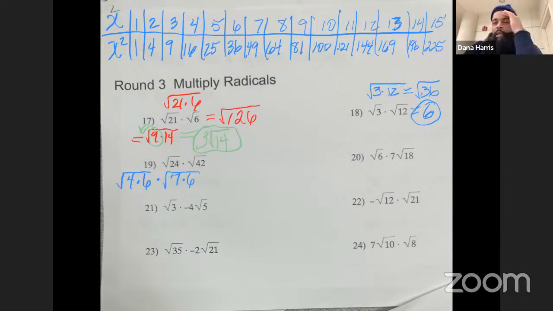So now, since I have a 6 under both of those, what I can do is, just a second, let me see how I do this. 4 times 6 is 24. Let me look at my notes just a second.